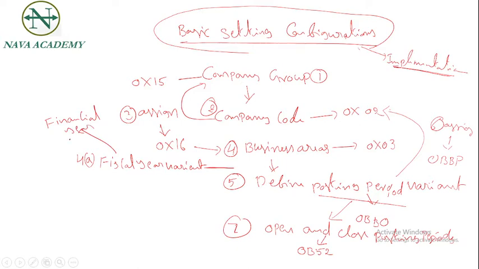Create the financial year. Define fiscal year variant. T code OB29.